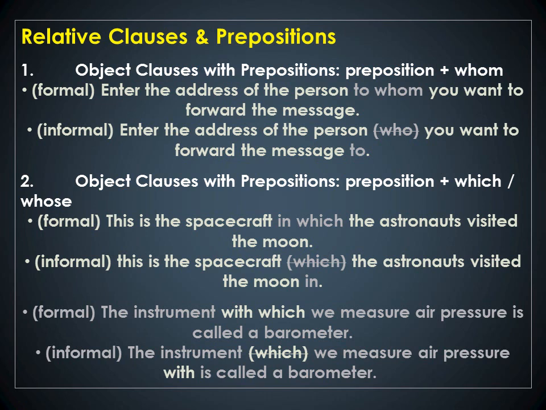In the informal style, the instrument we measure air pressure with is called a barometer. So as you can see, the position of the preposition here is a focus. You have to pay attention to it, because this can be the answer to an open-close type of exercise. Okay? Let's move on.